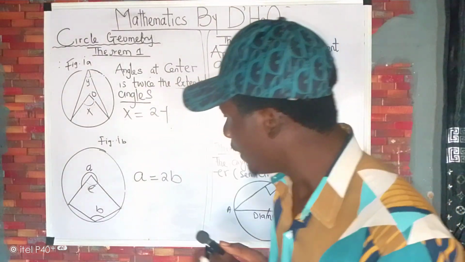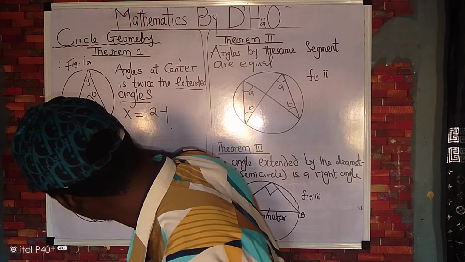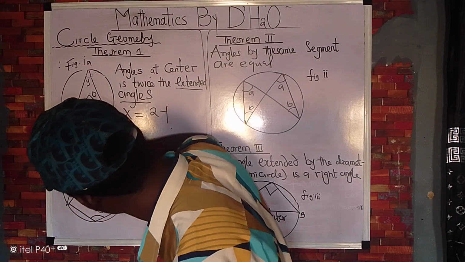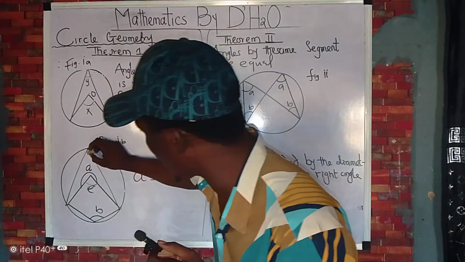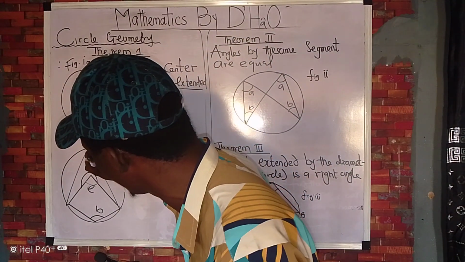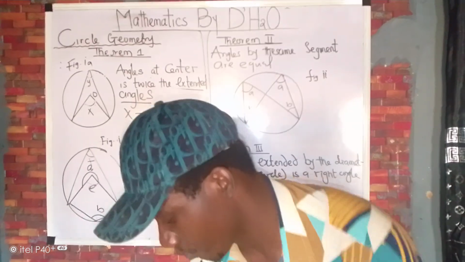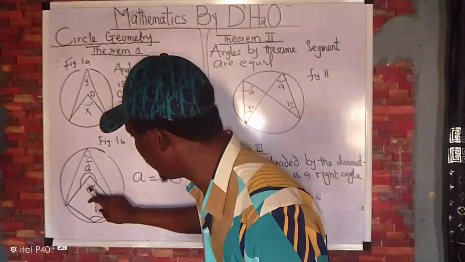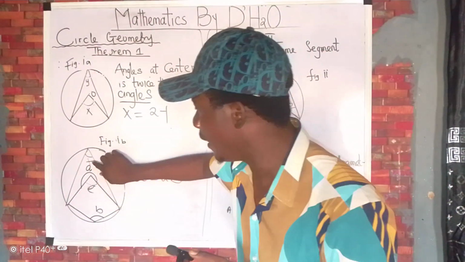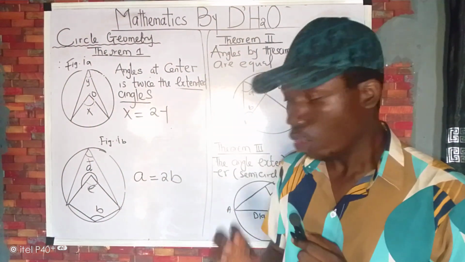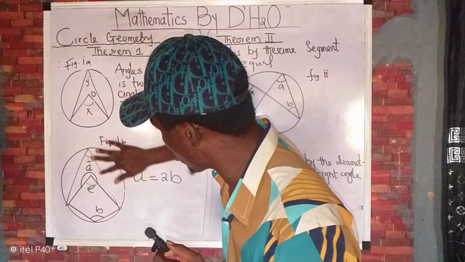So if I have another angle here, which I will probably call F, I can tell you that angle E is 2 times angle F. Yes, because E and F correspond to each other. So the bottom line here is that the angles must correspond.